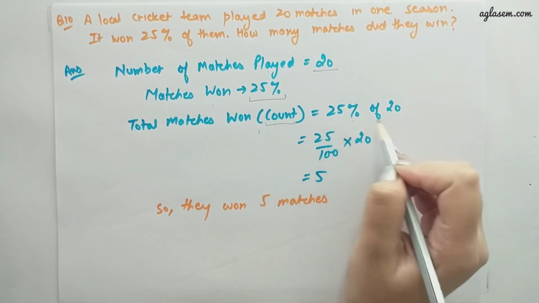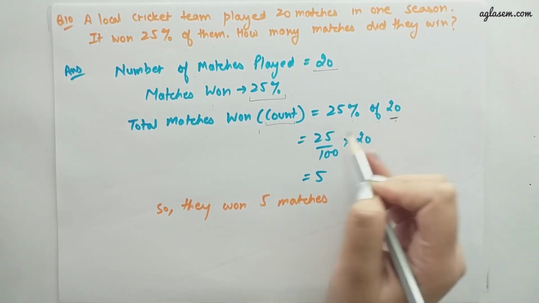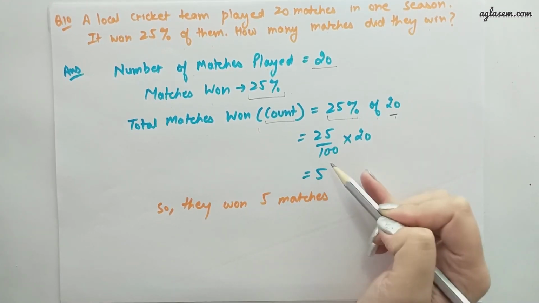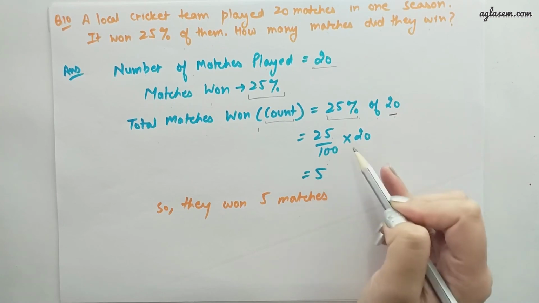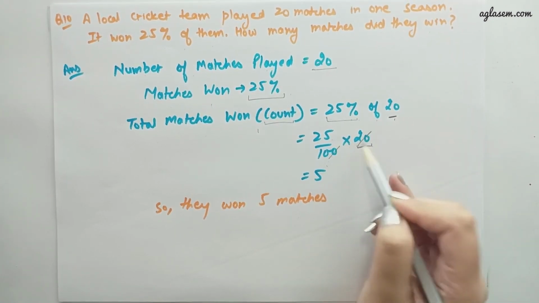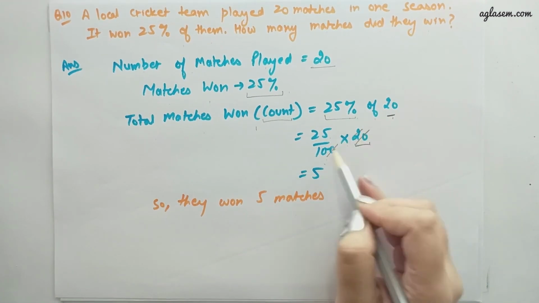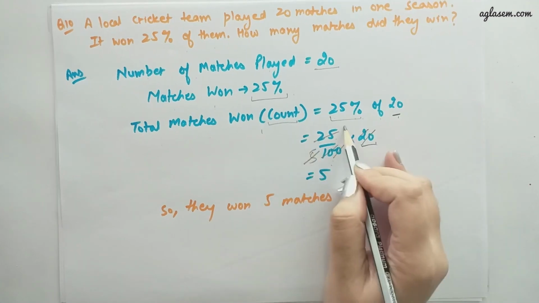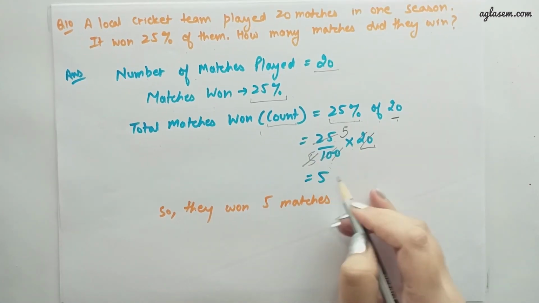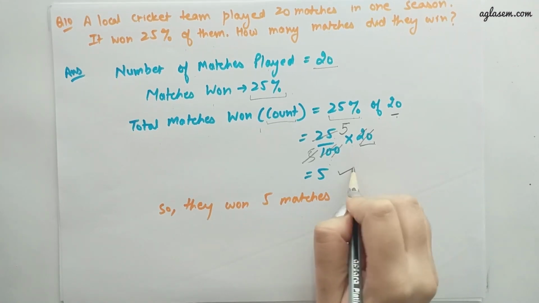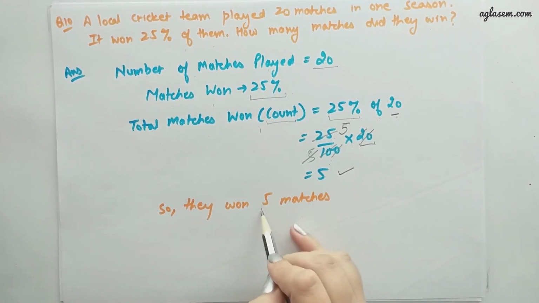So 25% of 20. Now we know that to convert into numbers, we'll divide it by 100. So 25 divided by 100 multiplied by 20, we'll get 5 ones are 5, 5 fives are 25. So it's very easy. We'll get 5 matches. So they won how many matches? 5 matches. This is all from the exercise.